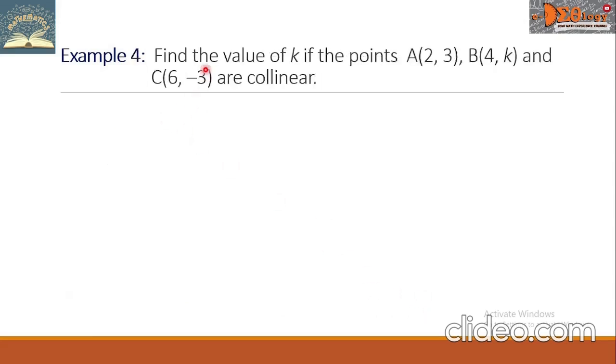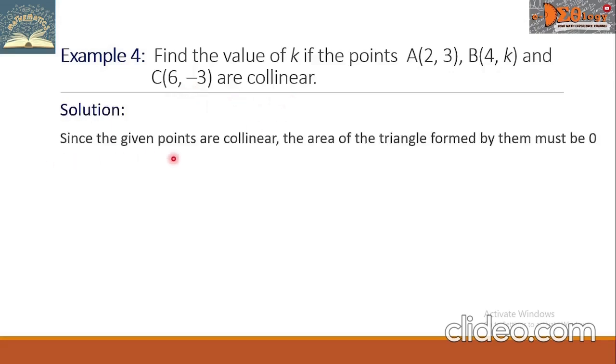Example 4. Find the value of k if the points A(2, 3), B(4, k), and C(6, -3) are collinear. Since the given points are collinear, the area of the triangle formed by them must be 0. So we have this formula.